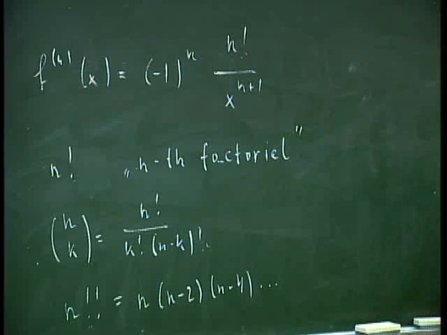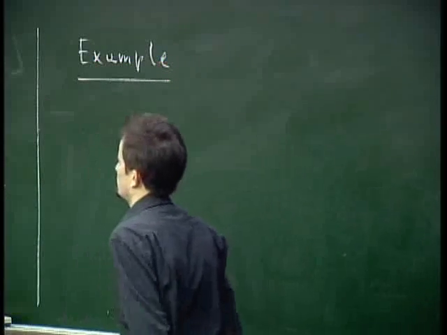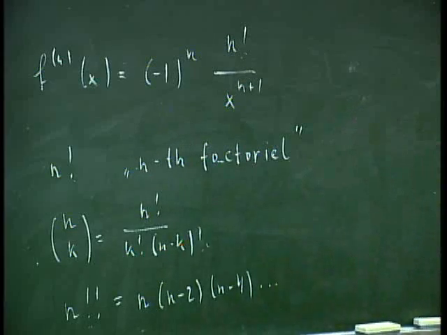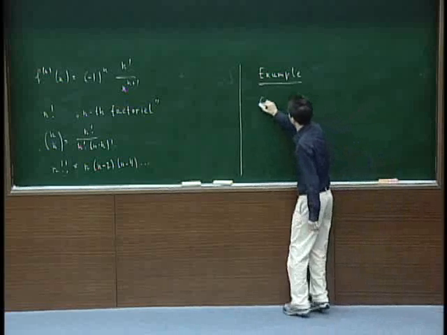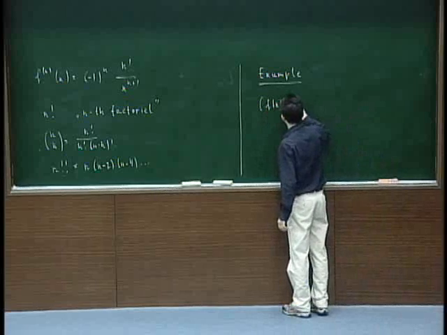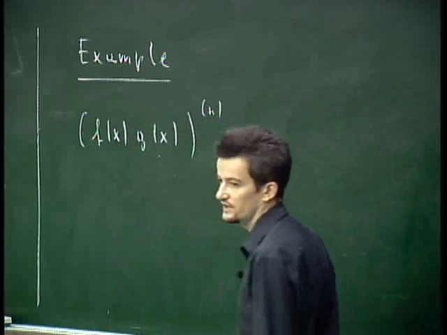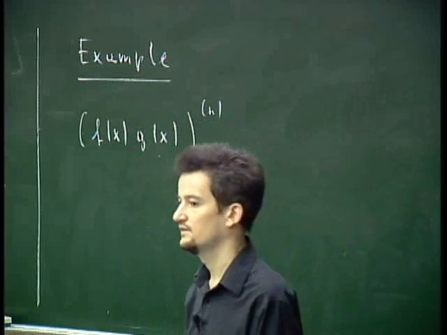Let's look at the final example, an example which is similar. For instance, we are interested in finding a formula for the nth derivative of a product. So you have a product of two functions, and you want to find an expression for the nth derivative.